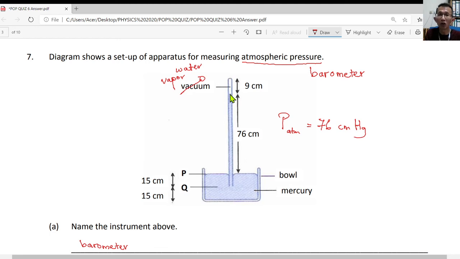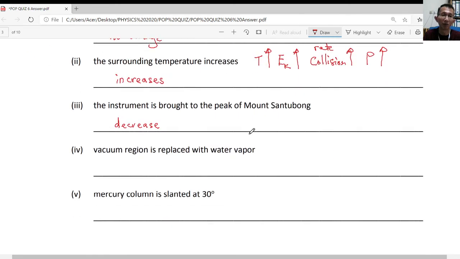It will push the mercury column downward. So what happened to the length of this mercury column? Yes, the length of this mercury column will be decreased. All right. So here the answer would be the decrease.